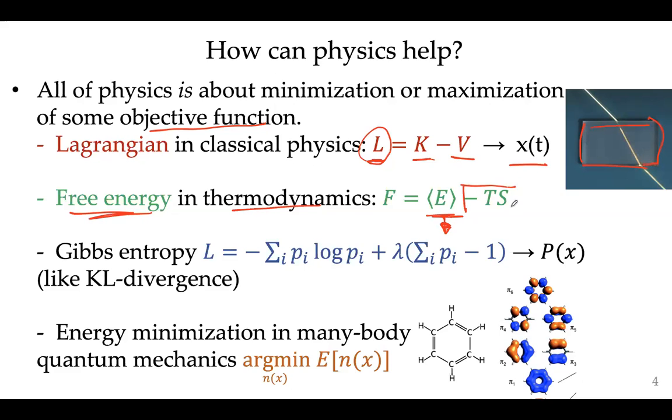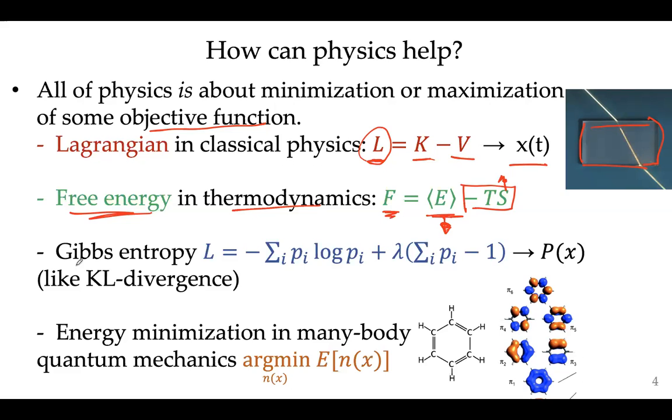And with the negative sign, you try to maximize the entropy. So there is a trade-off between them. The thermal equilibrium point is the point where not these terms are individually minimized or maximized, but this free energy is minimized.